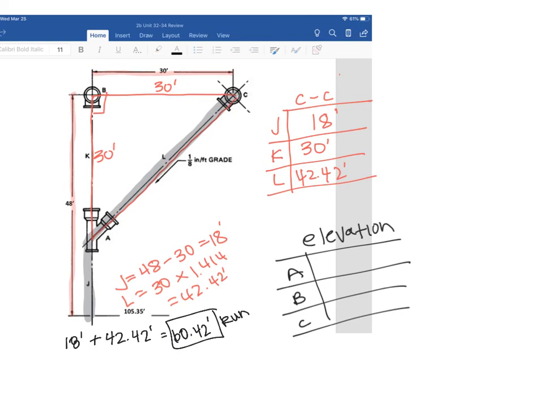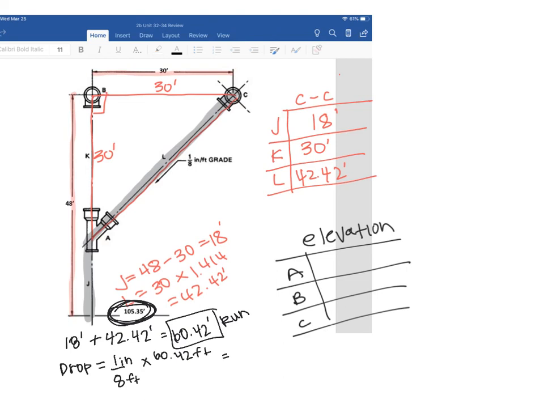Now we're going to figure out our drop. And once we know our drop, that's what we're going to add on to this beginning elevation. That's our low point. So drop equals the grade times the run. Well, our grade is 1/8 inch per foot. Our run to get to point C is 60.42 feet.